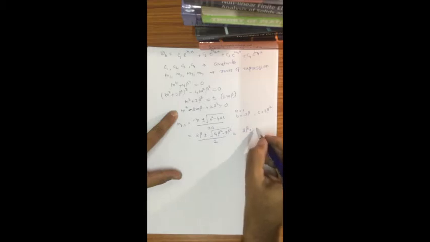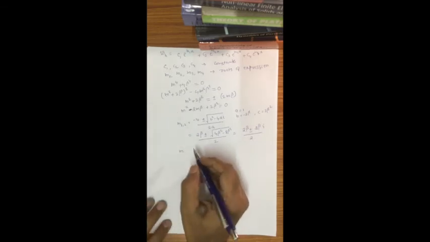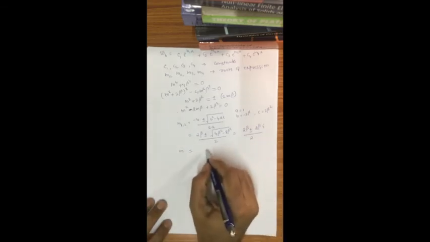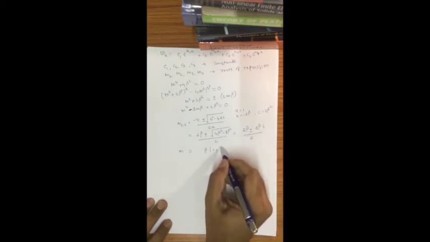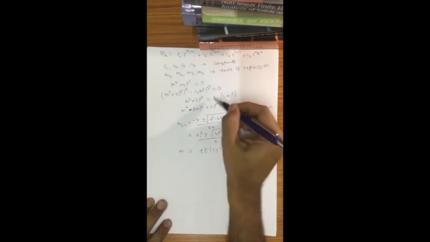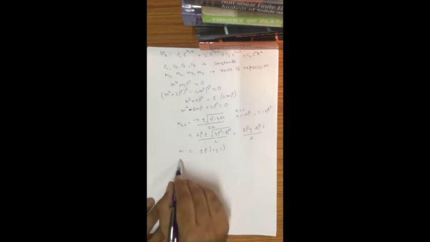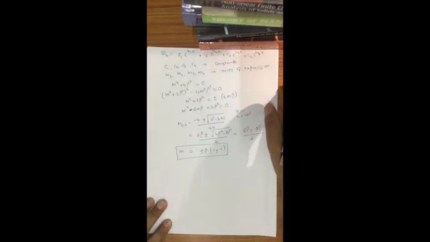That becomes 2β ± 2βi, where i is the imaginary unit, divided by 2. So m = β(1 ± i). There is another plus or minus we ignored before. These are the 4 roots of the characteristic equation which we obtained here.